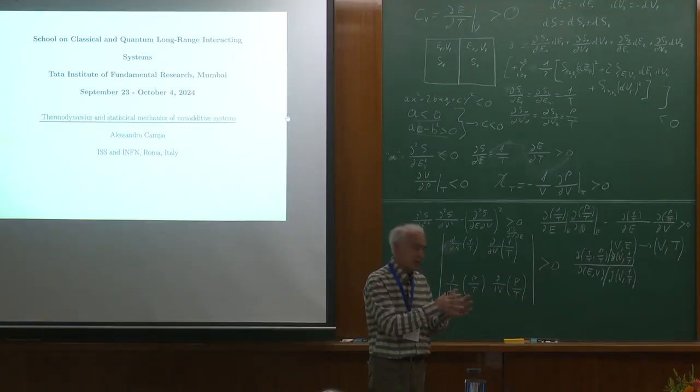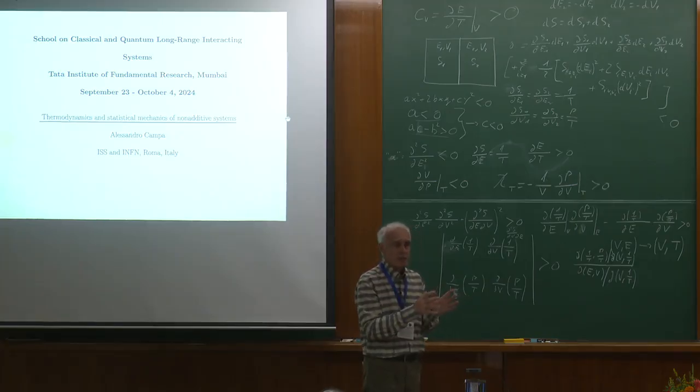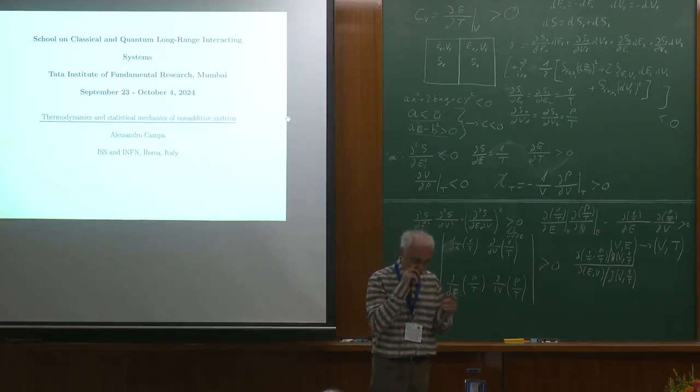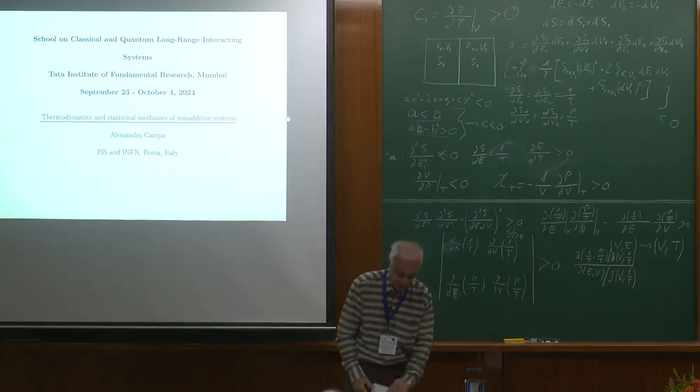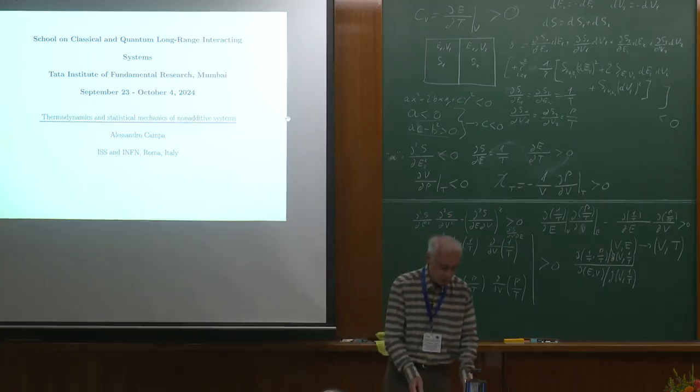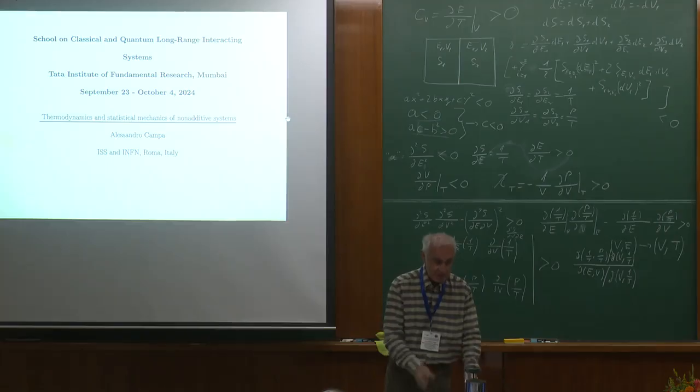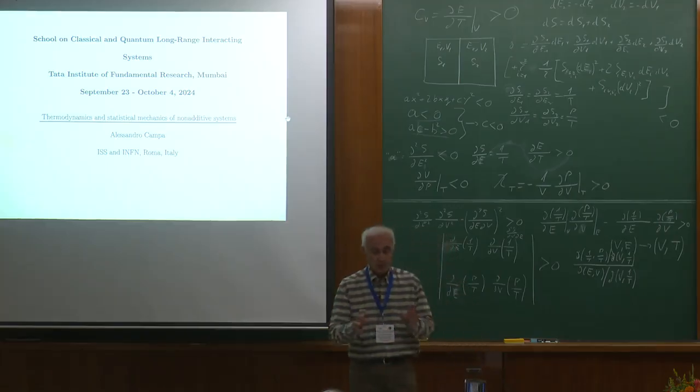This system will have a little bit more energy, but if you go to measure the temperature, it will have a smaller temperature. So the stability is not spoiled since the system is still isolated. What the stability cannot hold in this case is if you keep this system with negative specific heat constantly coupled to a thermal bath. In that case, it cannot be stable.